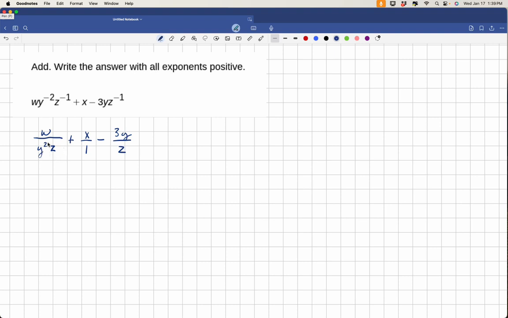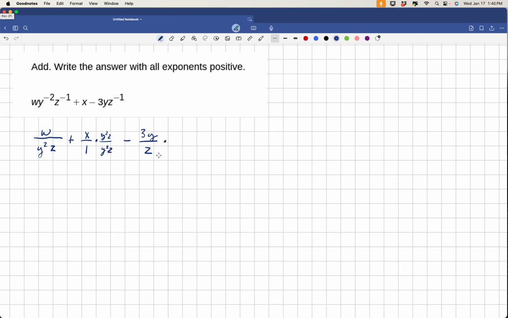All we need to do is multiply this fraction by this denominator, and this fraction by y squared, because that's what's missing in these two. Because y squared z is going to be the common denominator. So that's what I'm going to do. Let me move these apart just so I have plenty of room. We're going to multiply this one times y squared z over y squared z.